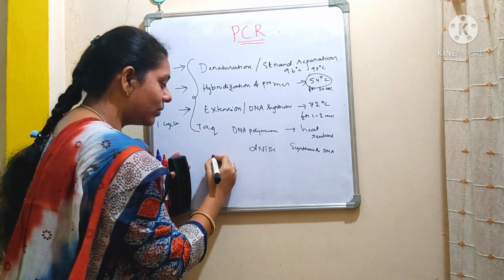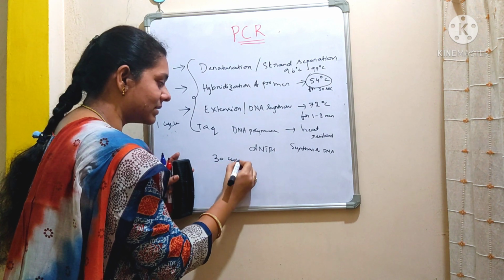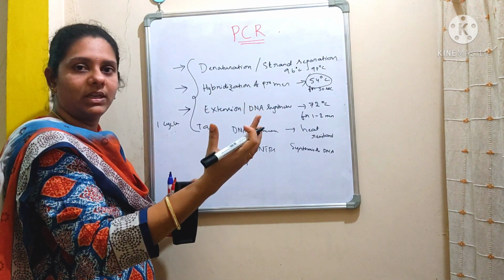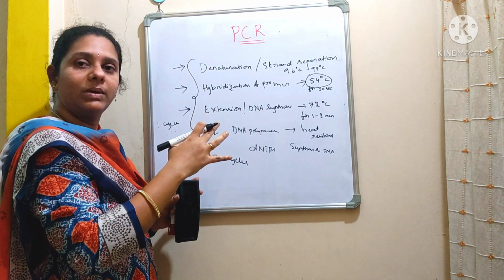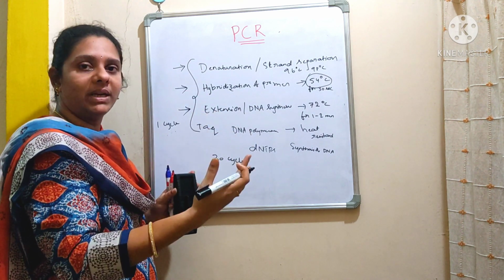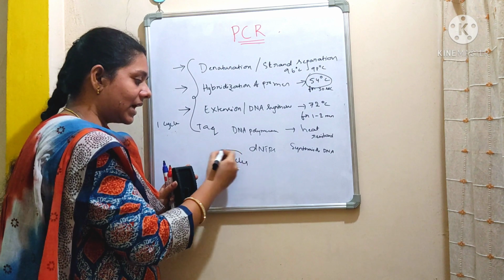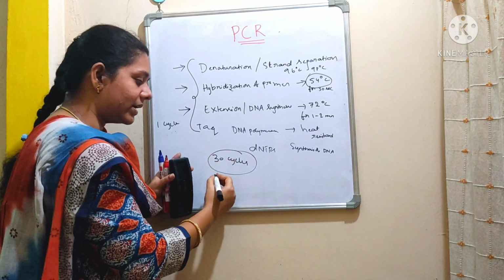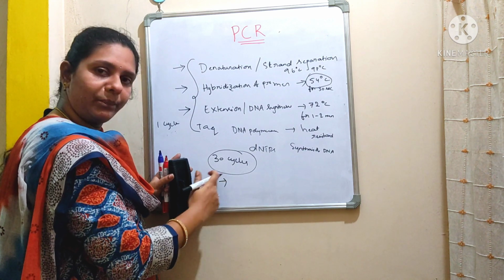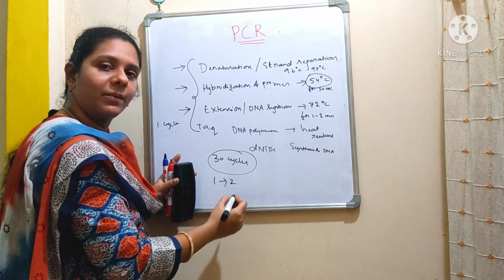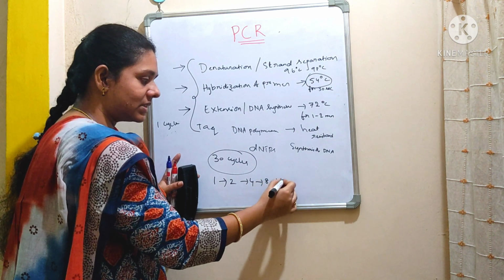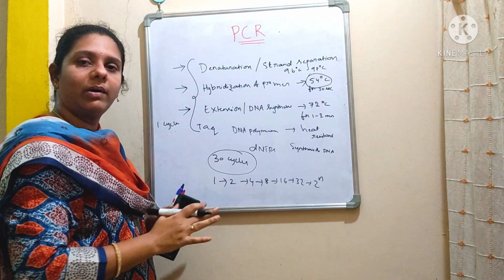In this way we are going to carry out 30 cycles, because in the first cycle we don't expect much DNA. The beauty of the method will be known only after the repeated cycles. That is, at the end of the 30 cycles we get billions of copies of the DNA. As I already told you initially, the template DNA will be utilized to form 2 DNA, then again 4, then 8, 16, 32, 2 to the power of n.